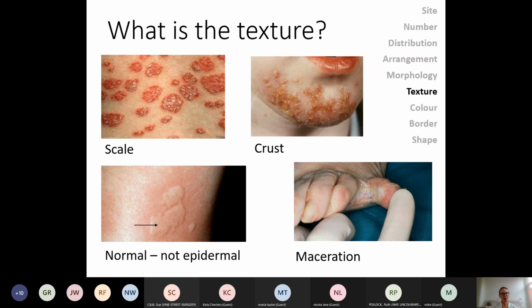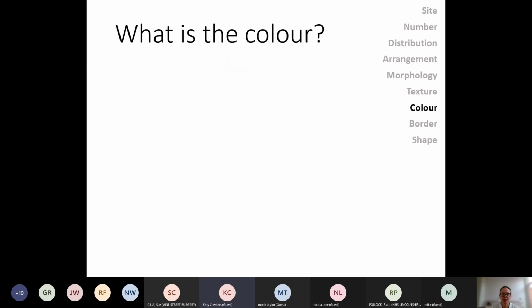And then maceration is a word that just means the skin's kind of soggy and a bit broken. A typical place that you see that is between the toes. In this situation, you probably don't have to palpate the skin because you know what it's going to feel like, and it doesn't feel like something that you want to be touching, really.